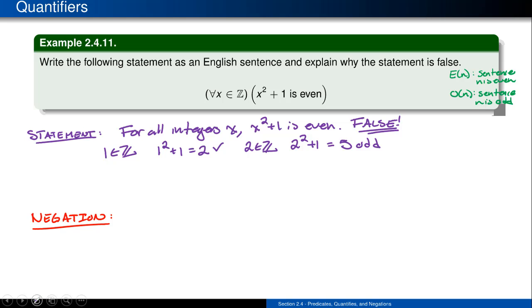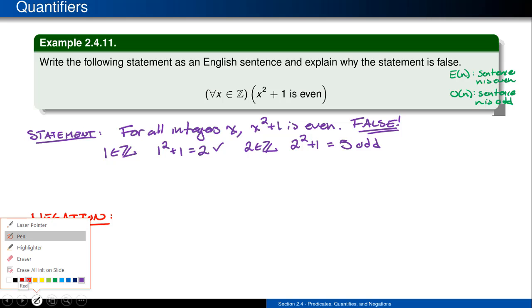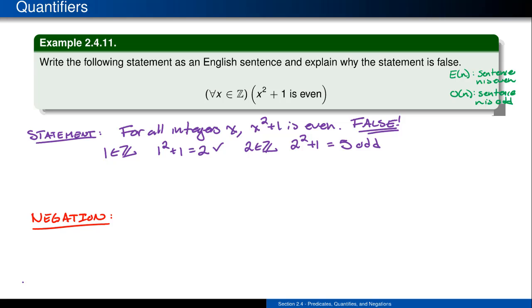All right, so let's try to phrase a little bit more explicitly why this thing was false. The idea for the falsehood of this statement is because I could find at least one integer that broke this final conclusion of this thing. So why false?